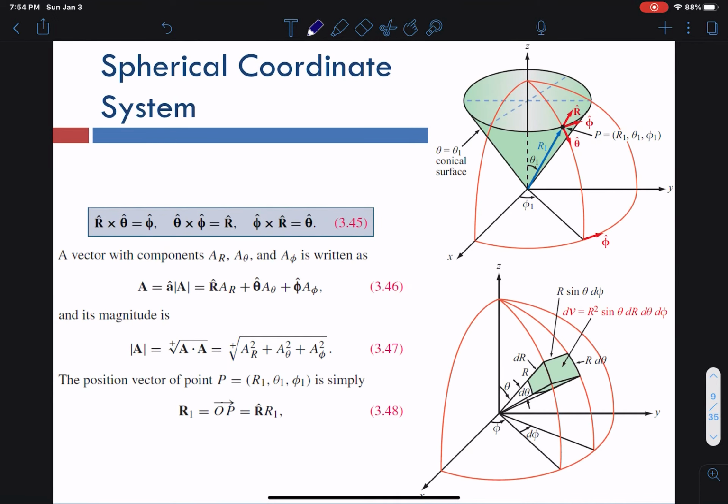And for the spherical coordinate system, again, if you take a small area here, then you have all three dimensions.